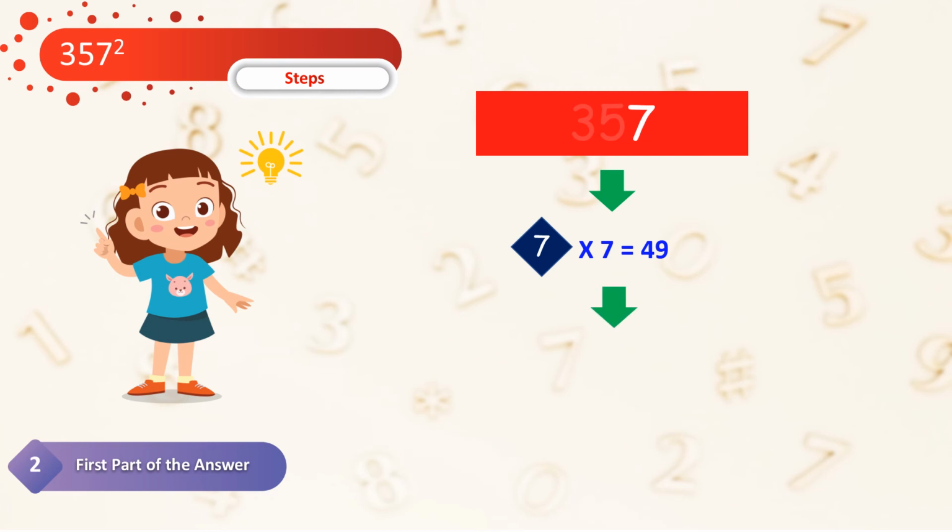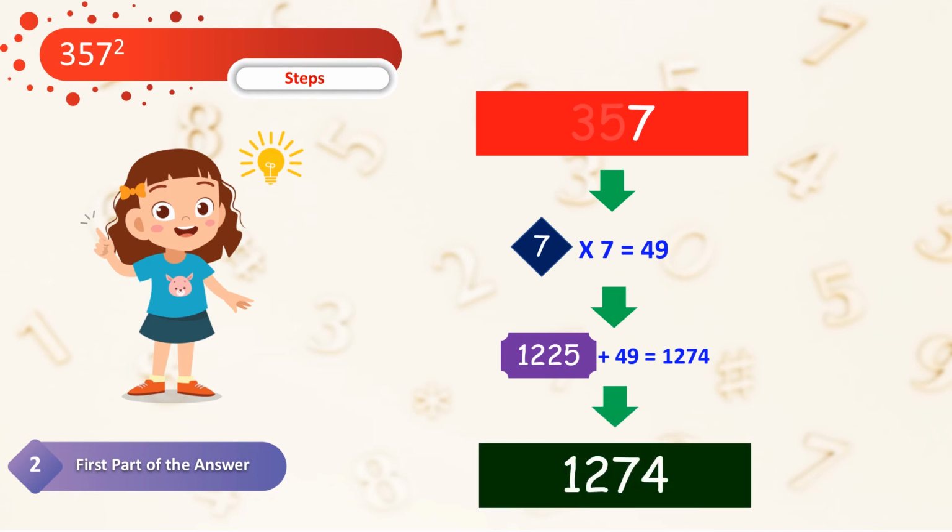We then add the 49 to the 1225 that you got in the previous step. So the easier way is to add 50 and subtract 1 from it. So the answer here is 1274. So 1274 is going to be the first part of the answer.